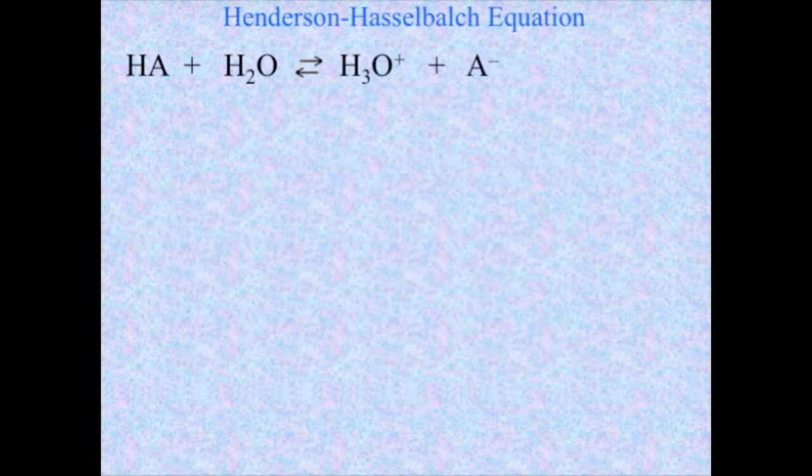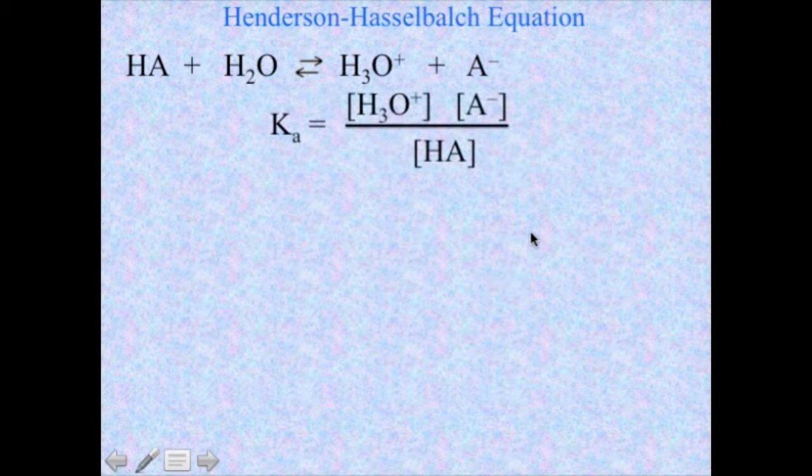Now, one way of solving for pH is to use the mass action equation, plug in the values of Ka, A-, and HA, and solve for the hydronium ion. But there's another way as well, and some think it's easier. I personally prefer using just the plain, ordinary mass action equation. But let me give you the Henderson-Hasselbalch equation.